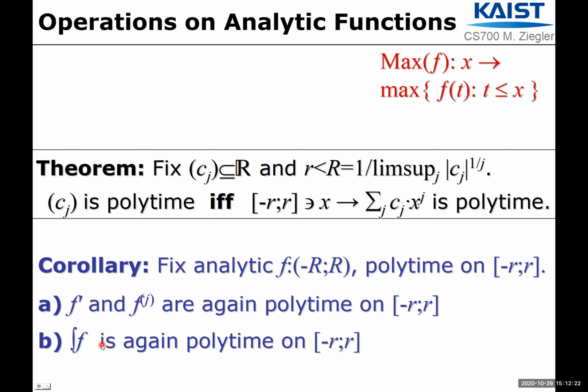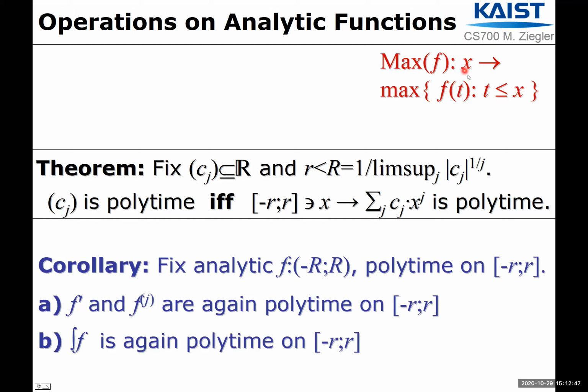And the third corollary refers to maximization. So recall the maximization operator that we already talked about on computability, namely take the function and take its maximum over all arguments up to and including x only, not beyond that. So this is again a function, right?